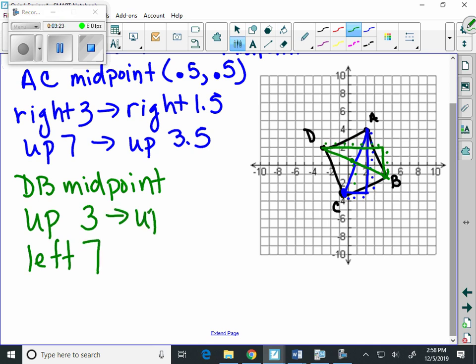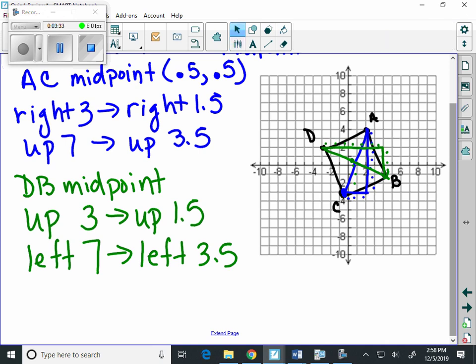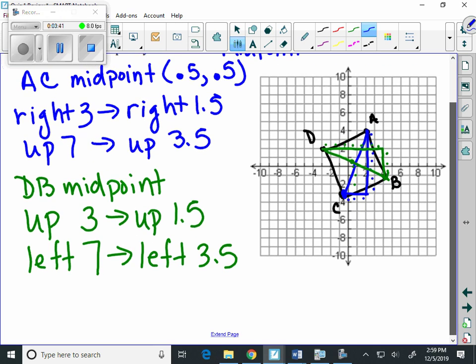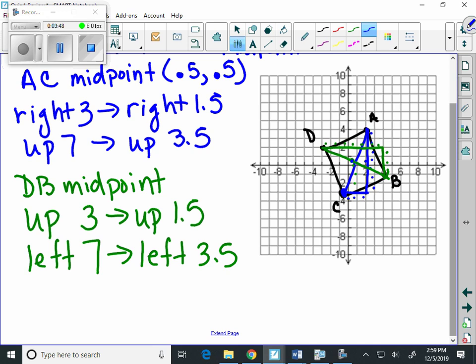So we're going to go up 1.5, and we're going to go left 3.5. And as we go back and look at that, up 1.5 and then left 3.5, we do end up in the same place. So our midpoint is (0.5, 0.5), or if you prefer, 1/2.